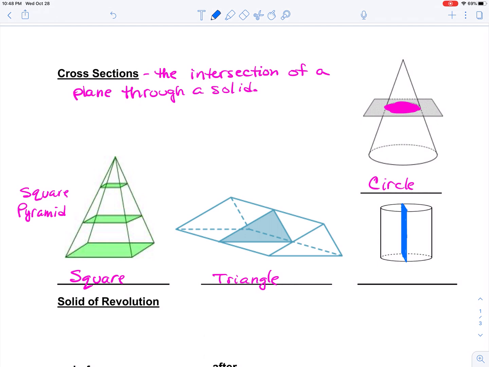If you saw a can and you placed something down into the can, your cross section will actually be a rectangle, because you're going vertically. Okay, and that takes care of cross sections.